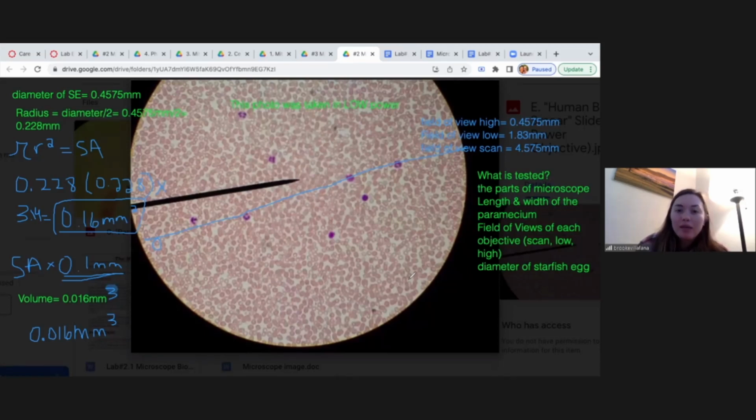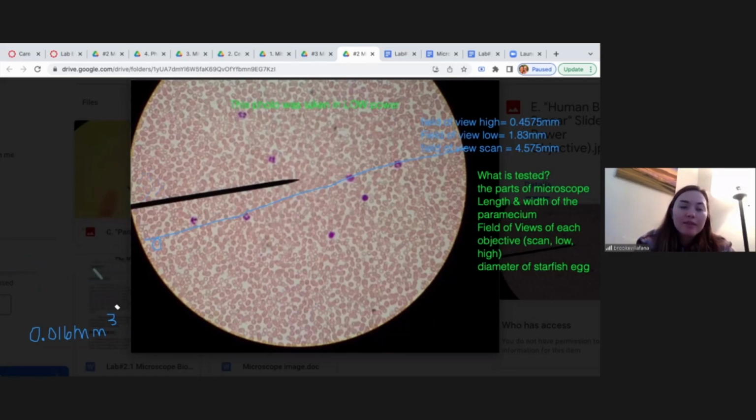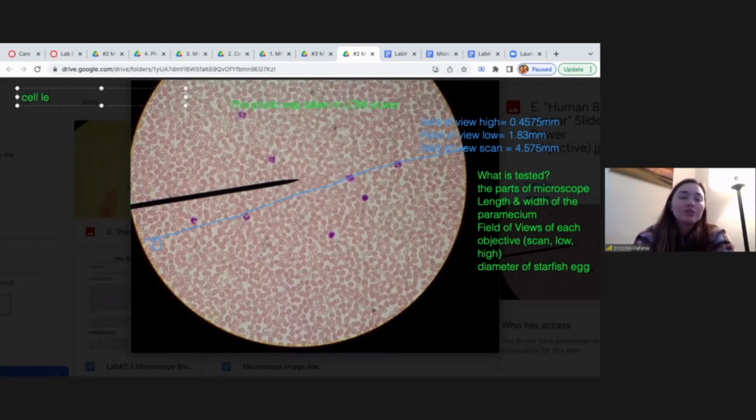In theory, though, you should have already heard the answer to this. You probably don't remember, because this is still the beginning of the semester and there's a lot of information coming in. In your cell lecture, and this is likely to be on your exam, he would have said the most abundant cell is the red blood cell.